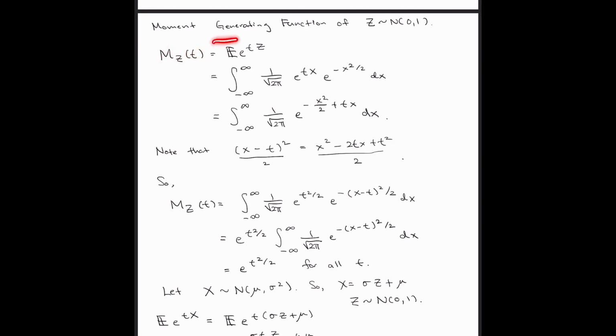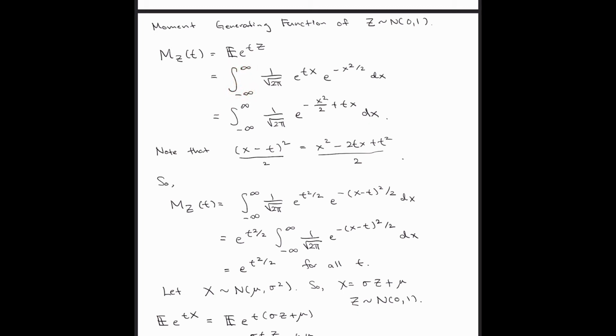By definition, it's just the expectation of e to the tz. To calculate the MGF, we just apply the definition of expectation again. So we take the function e to the tz, and then we want the PDF of z, and then we integrate it from minus infinity to infinity.